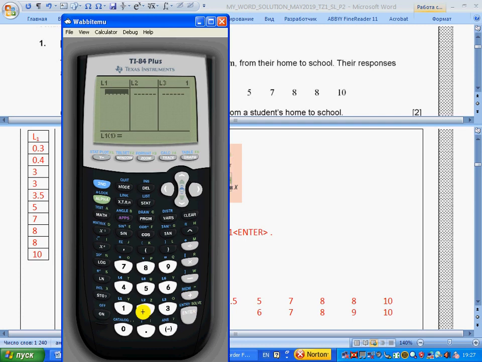So 0.3, 1, 0.4, second value, then 2 times 3, 3, then 3, then 3.5, then 5, 7, 8, 8, and finally 10.